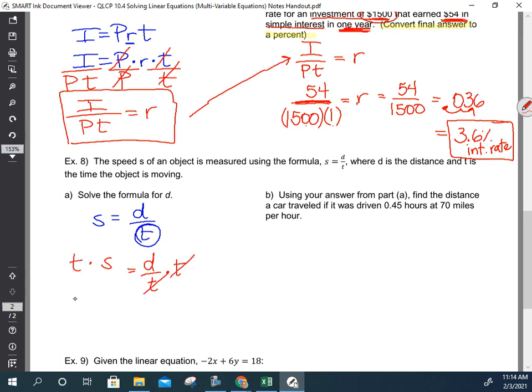S times T, or T times S, whichever one you prefer. So if you take the speed times how long you're traveling, that gives you your distance.